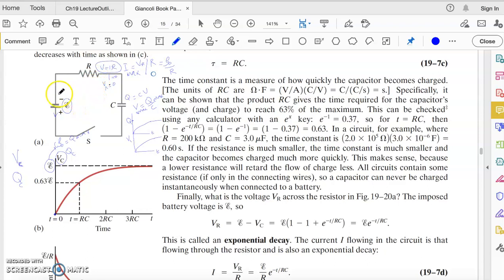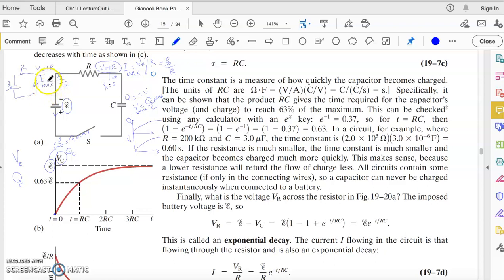At the moment we close the circuit, the capacitor is as if it's not there, because there is no charge, so there is no voltage drop due to the capacitor. So I maximum is equal to the maximum voltage divided by the resistor.